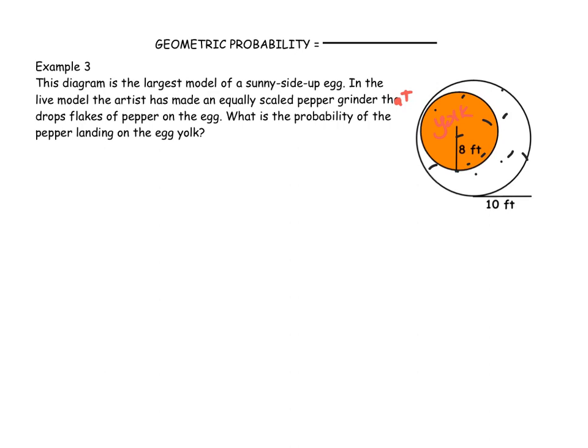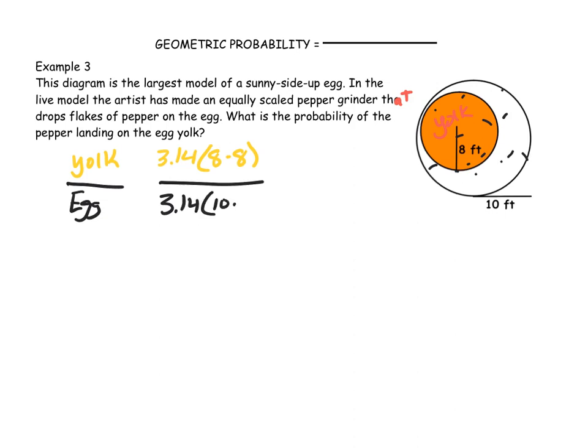So the yolk, that's going to be 3.14 times the radius squared, so times it by itself, compared to the whole egg, the entire egg, which is going to be 3.14 times 10 squared, 10 times 10.